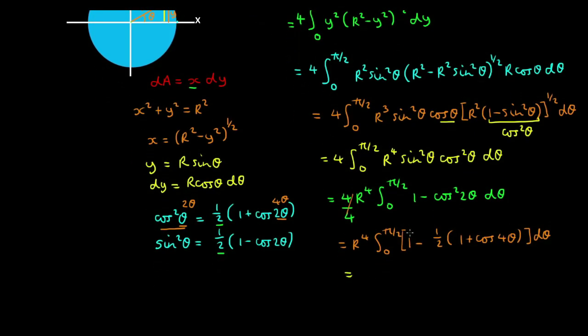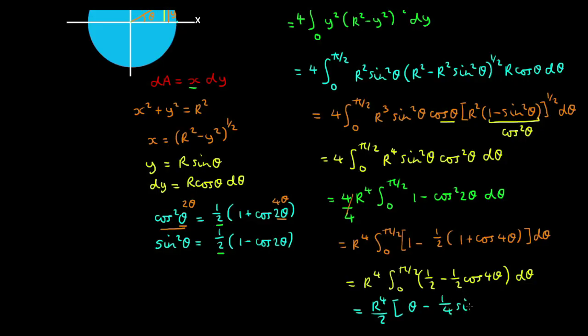And we can simplify this a bit further, so we have r to the 4 by the integral from 0 to pi on 2, and 1 minus a half is 1 half, and then we have minus 1 half cosine 4 theta integrated over theta. So that gives r to the 4 on 2, and evaluating the integral gives theta minus a quarter sine 4 theta, evaluated from 0 to pi on 2.